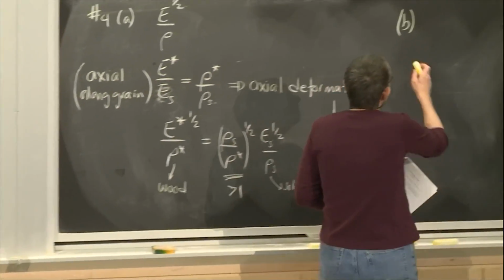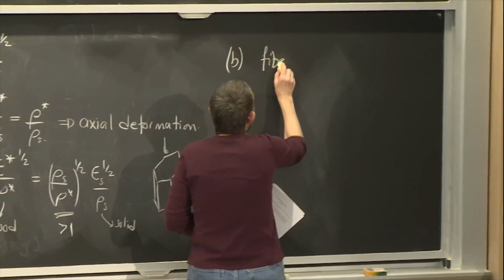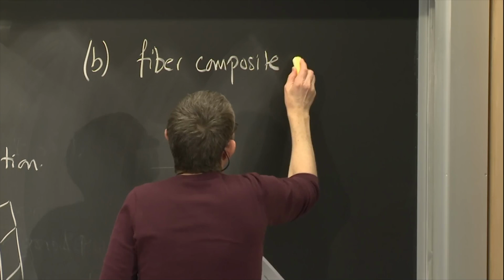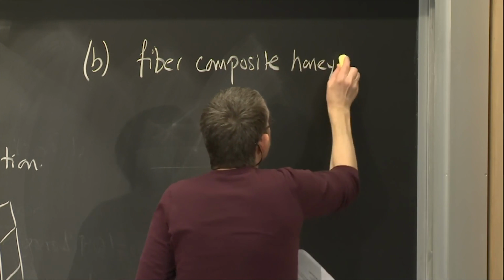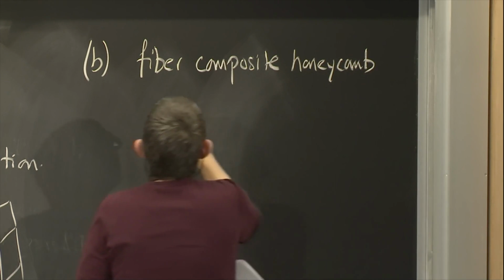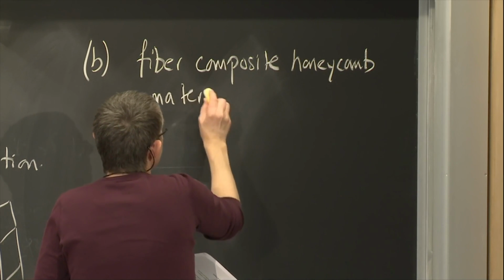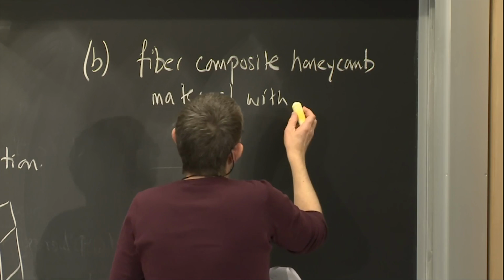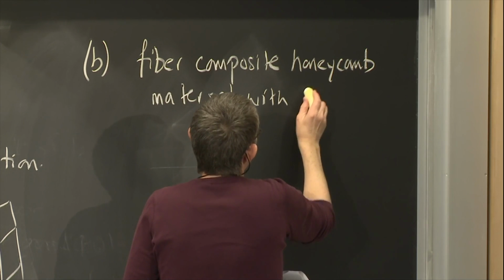So if you could make, say, a fiber composite honeycomb material, you'd want to have the fibers aligned along the prism axis of the honeycomb.